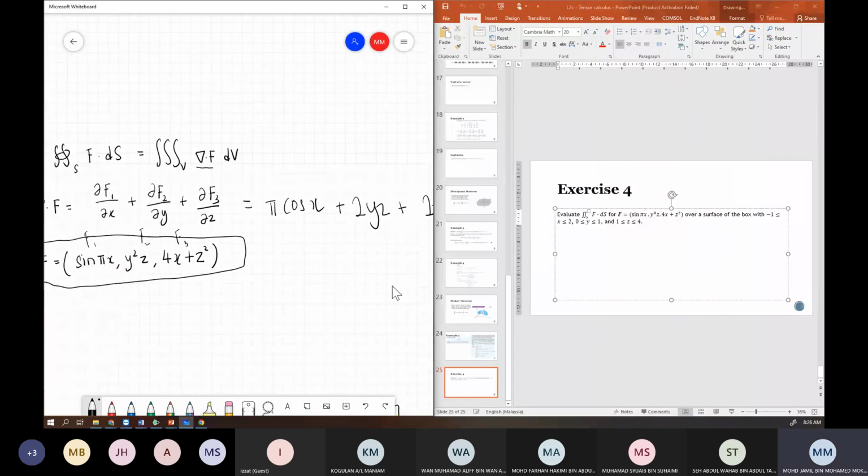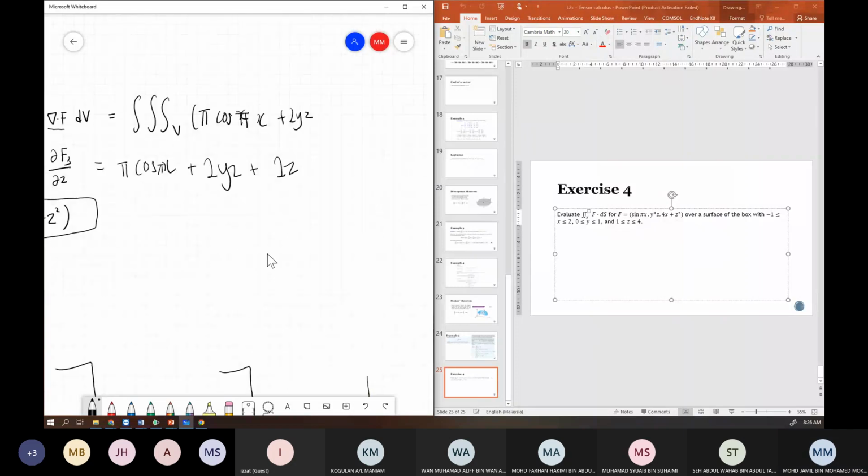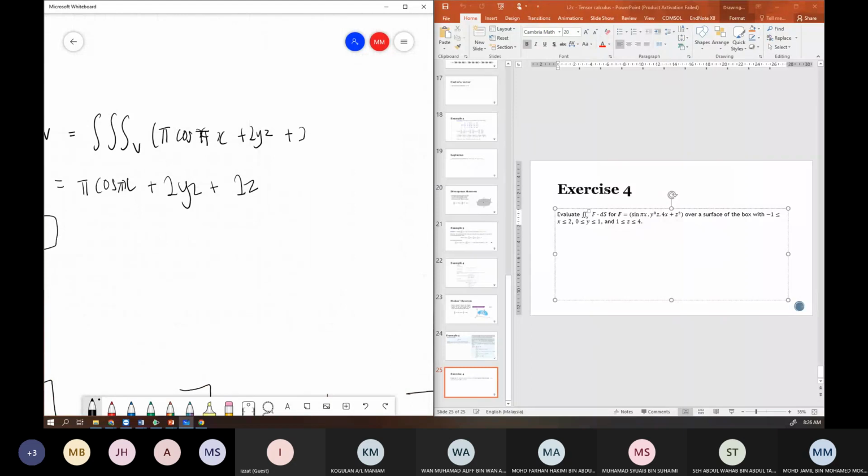So after you differentiate this, then you can evaluate this integration. So you can just write pi cos pi x.